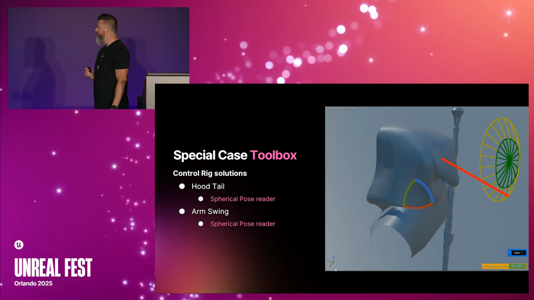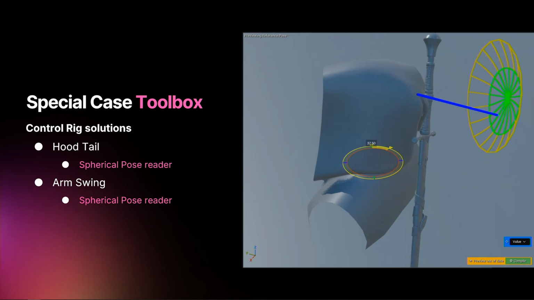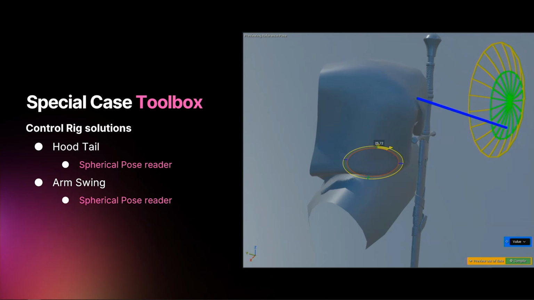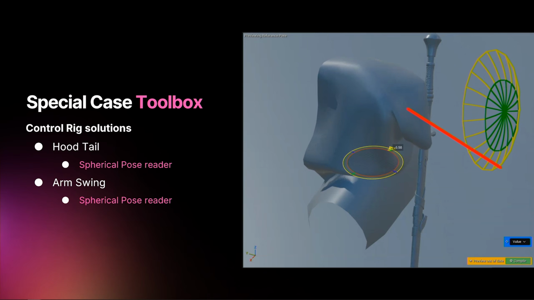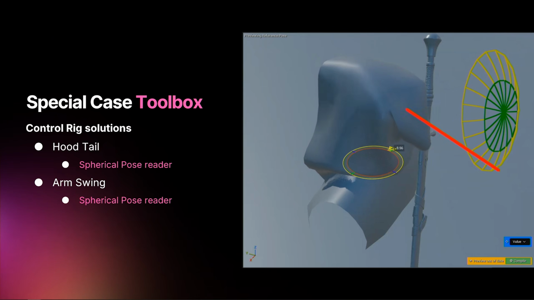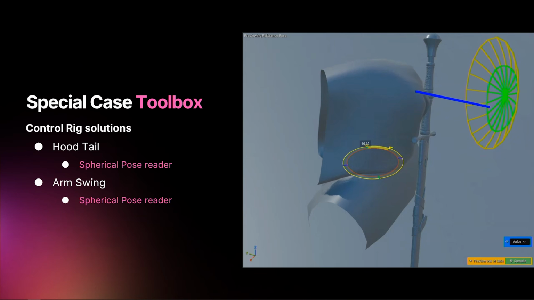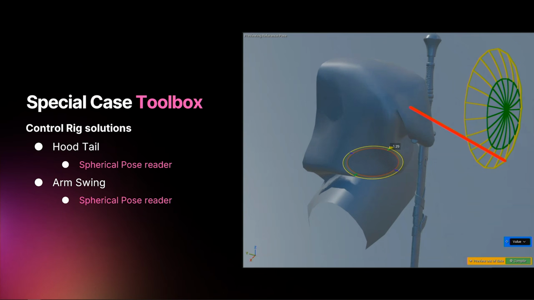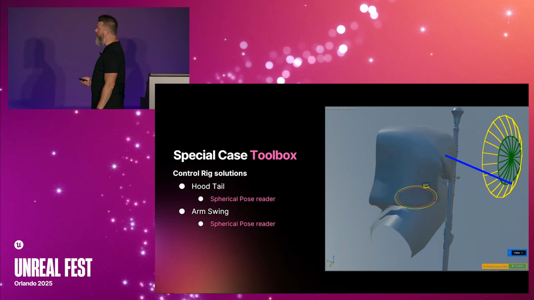So with this spherical pose reader in the Animesh itself, I set up that vector, and you set up the sphere and the green spots where it's 100%, and then it fades off based on that. As she turns her head, I just physically animated that tail down to get it out of the way and to help the cloth and collision not have to fight so much against the capsule for the scabbard.